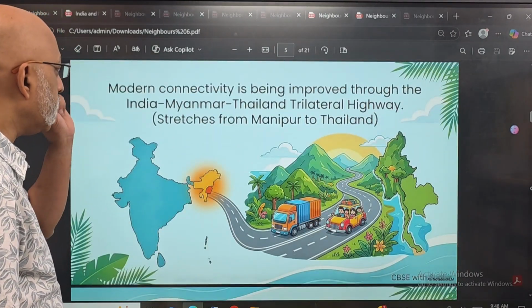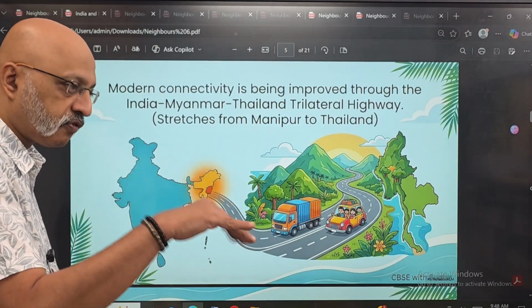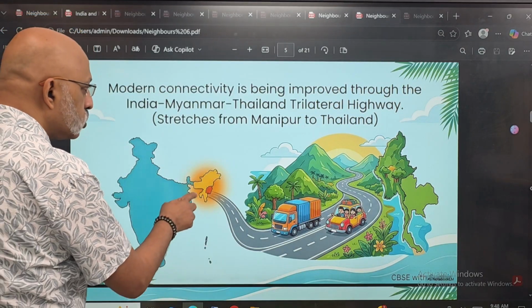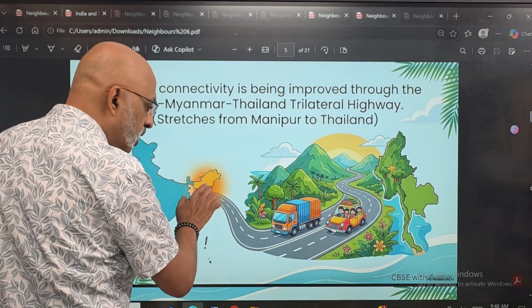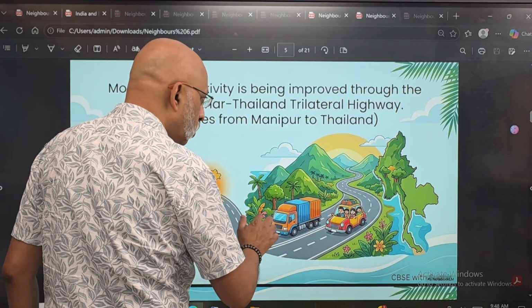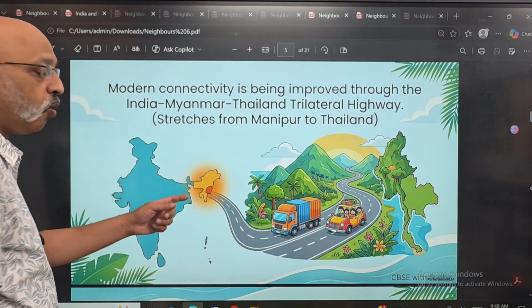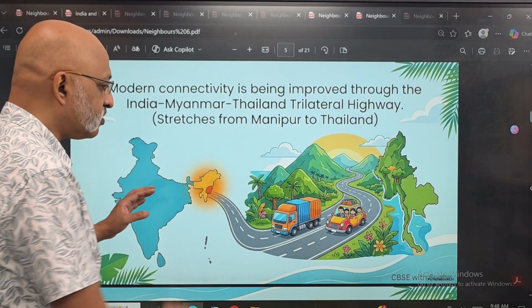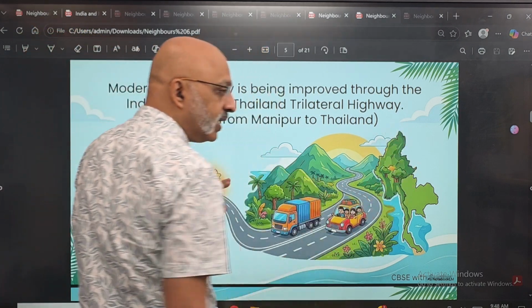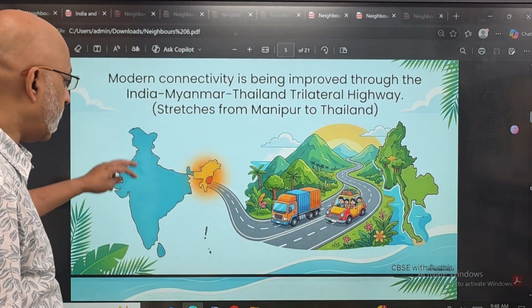Modern connectivity is being improved through the Indian Myanmar road. Apart from flying into Bangkok, this is Manipur. From Manipur, there is a road which goes right up to Thailand via Myanmar. So this way, the trade route has also been developed between India and Thailand.